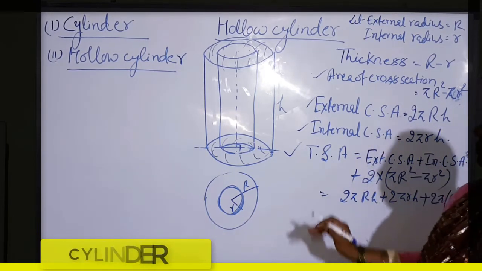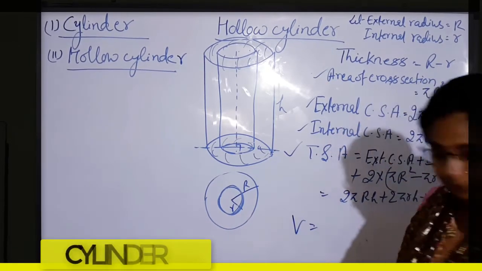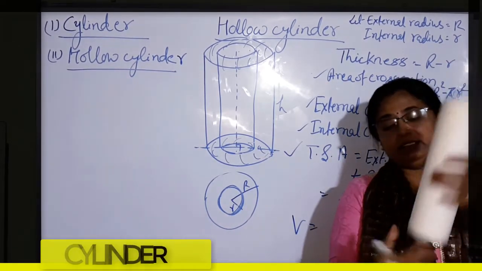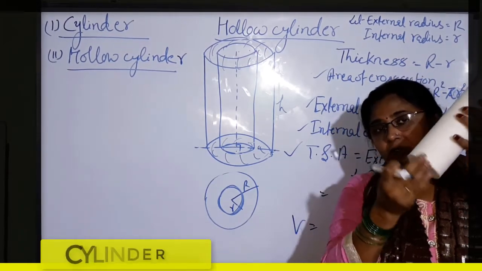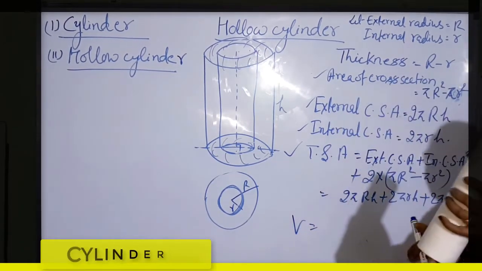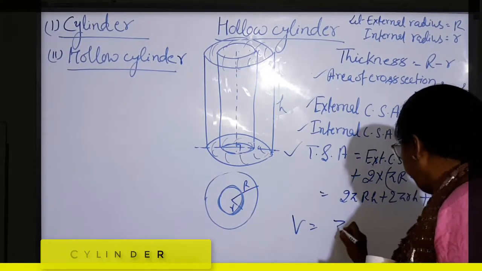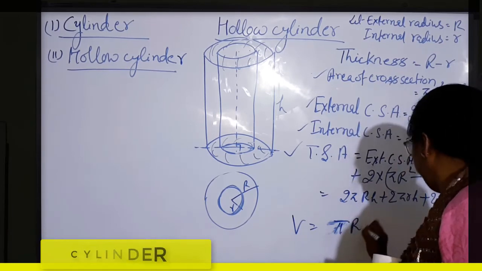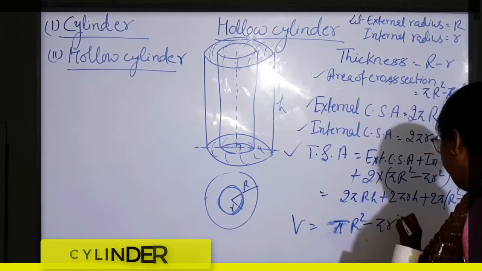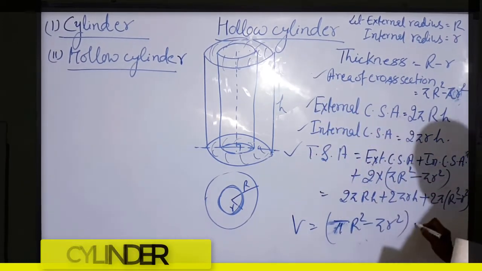Last, volume. Volume of this hollow cylinder. Volume means the base of this cylinder is this one, the cross sectional area. Their cross sectional area is the base. It is the cross sectional area, that means pi R square minus pi small r square multiplied by h, that is the volume.